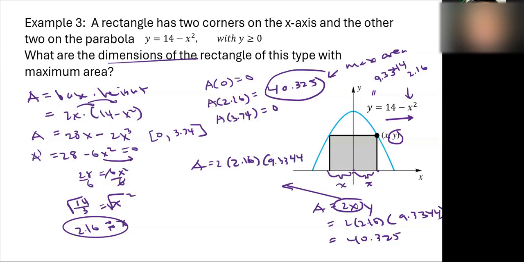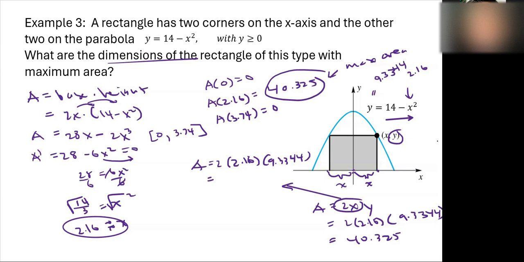Okay, and that came from when we plugged in 2.16 for x in the y equals 14 minus x squared equation that we get here. So anyway, we multiply those out. All right, so we get again the 40.325. But what we're looking for again was the base here.